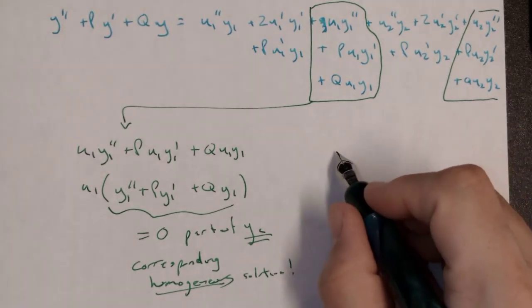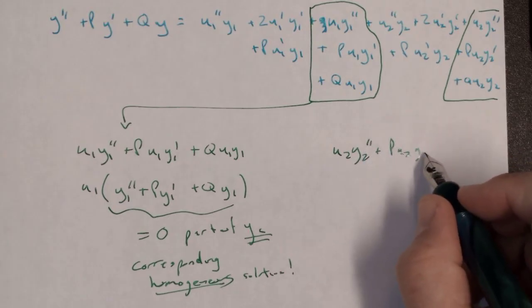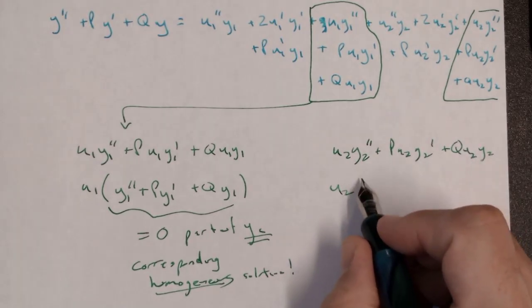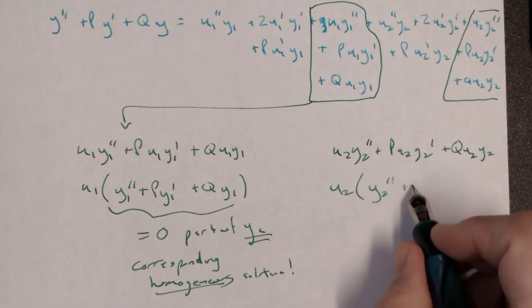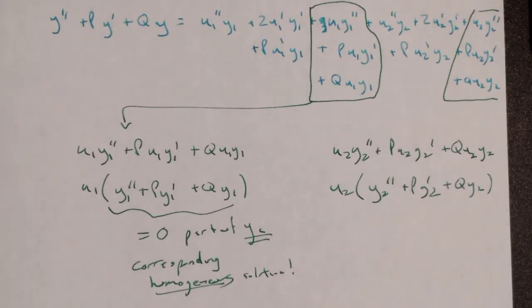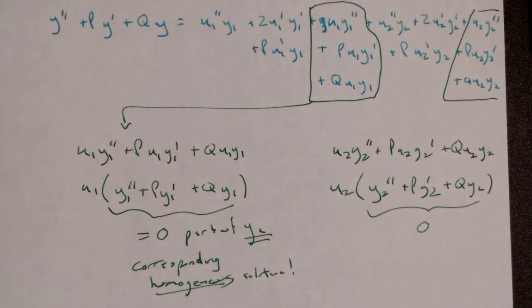This box, u2 y2 double prime plus P u2 y2 prime plus Q u2 y2, is u2 times 0. Holy moly, a bunch of this stuff just got thrown out. 6 terms out of 12. I just cut my workload in half, which I'm pretty happy about, personally.